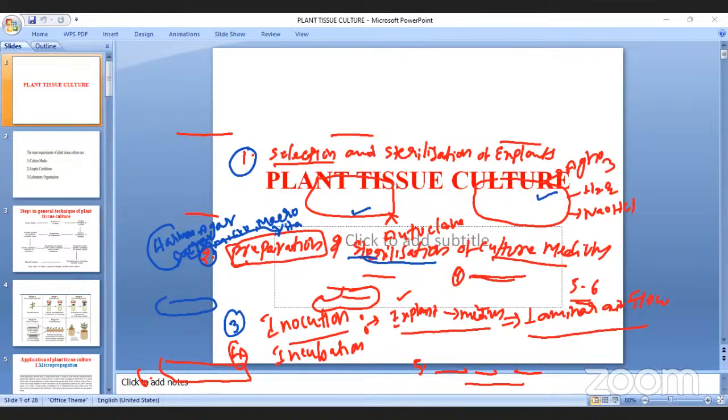After the hardening process, that is acclimatization of plantlets to the environment, the plantlets are transferred to the greenhouse in pots. During subculturing the small plantlets are very sensitive, so they are transferred into polythene bags and finally into the greenhouses.